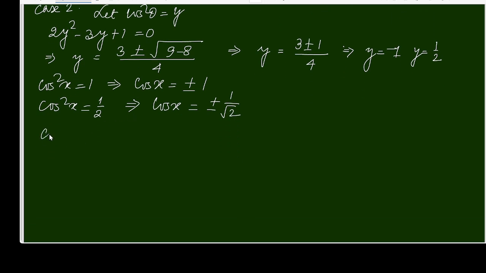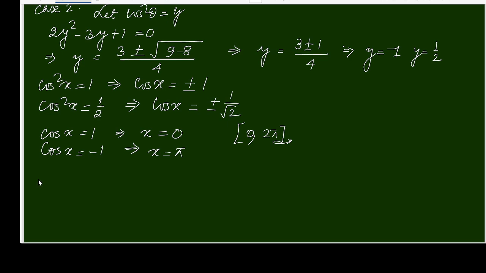Now when cos x equals 1, x equals 0, and when cos x equals minus 1, x equals pi. One thing we have to remember: though the interval was 0 to 2 pi closed, 2 pi is not considered. So we are taking only x equal to 0. I am not taking 2 pi.